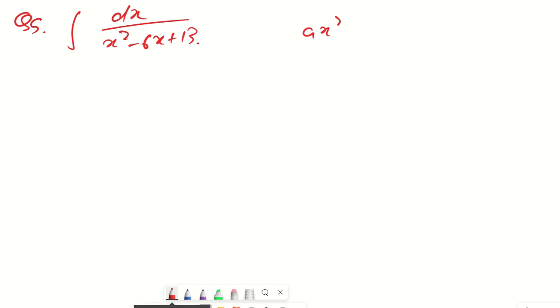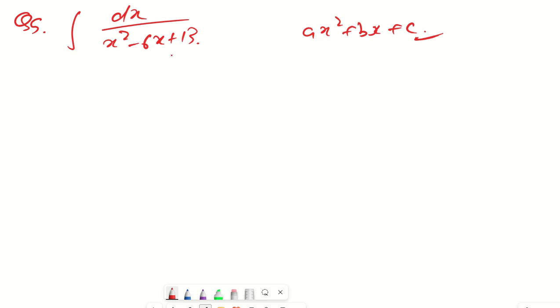So question is the fifth one. Integration of dx by x square minus 6x plus 13. So this is looking like ax square plus bx plus c. So our aim would be to convert this in terms of squares, like a plus b whole square.